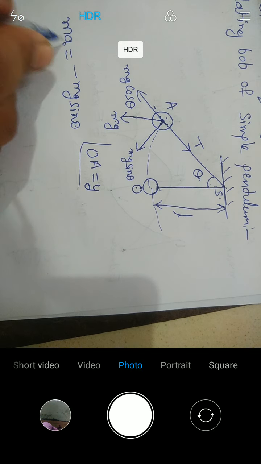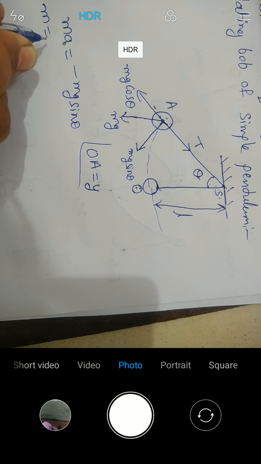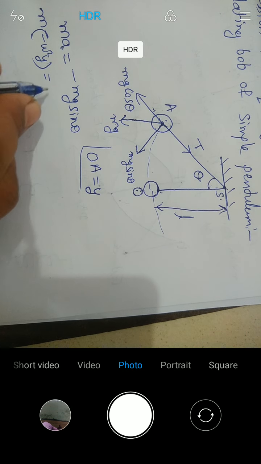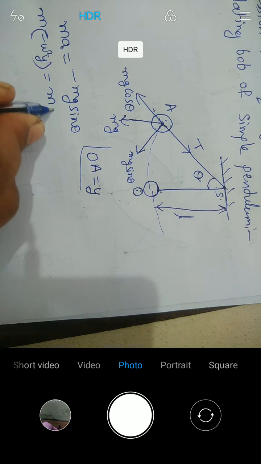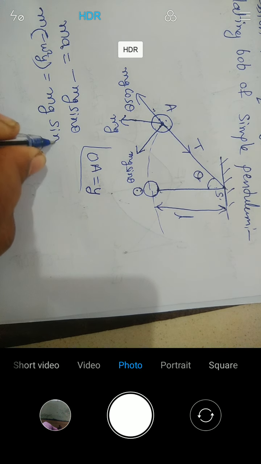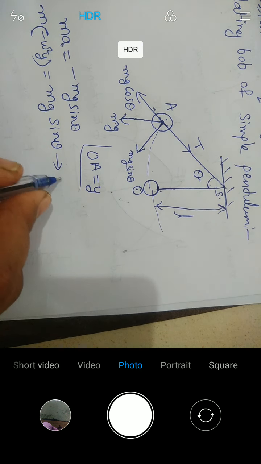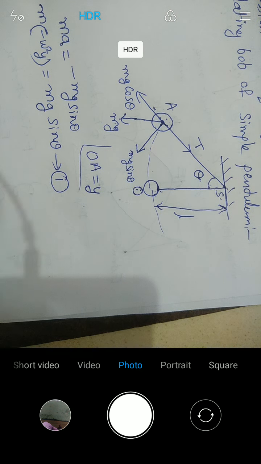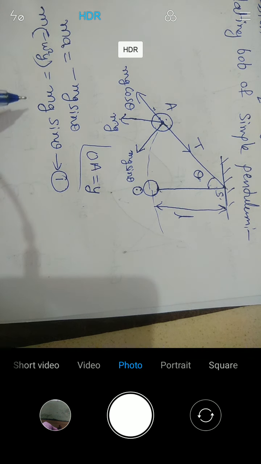Then the acceleration expression is minus omega square y, the acceleration of a particle executing SHM. Suppose this is equation number 1, where a is the acceleration of the bob and omega is the angular frequency.